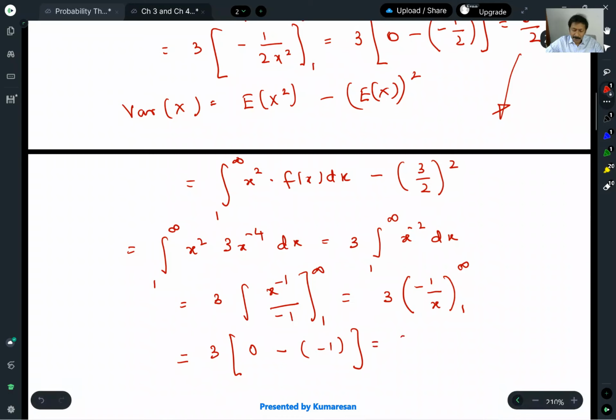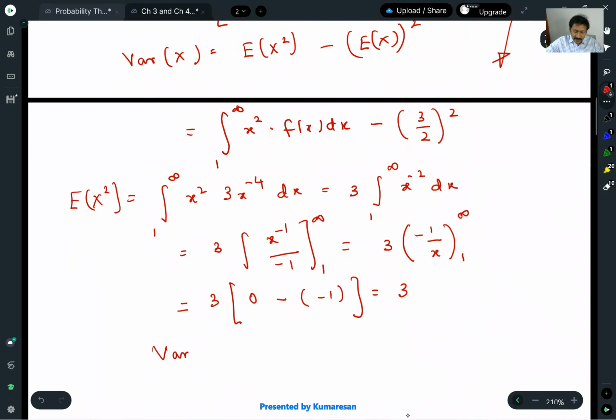So this becomes 3. So what I have calculated here is the expected value of x squared, from this step onwards.